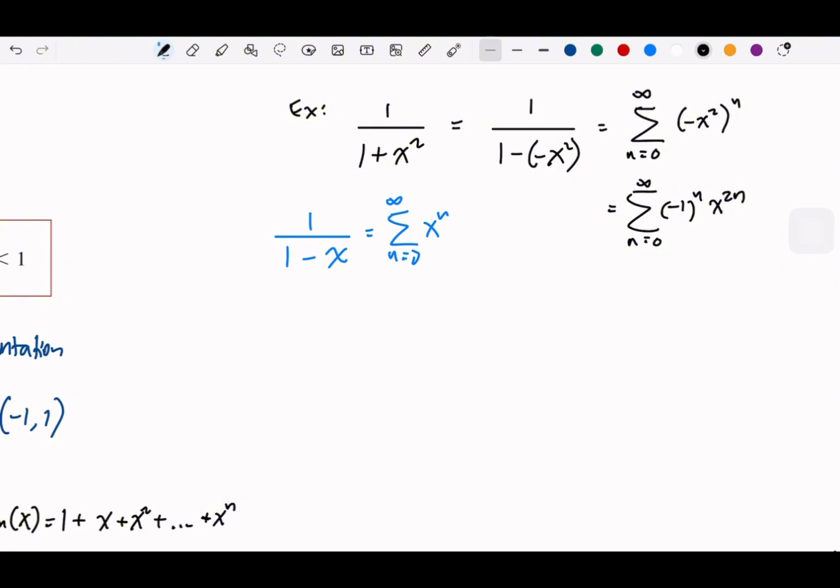And if we would like to know the interval, that is basically the ratio, right? So that means it converges on -1 to 1.